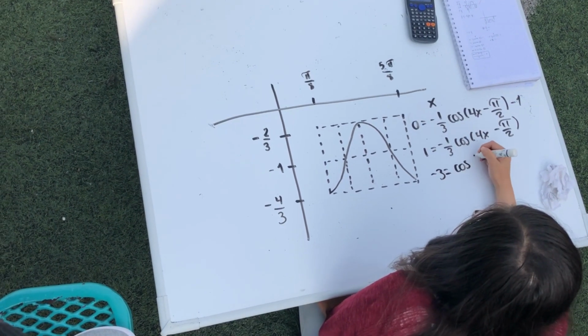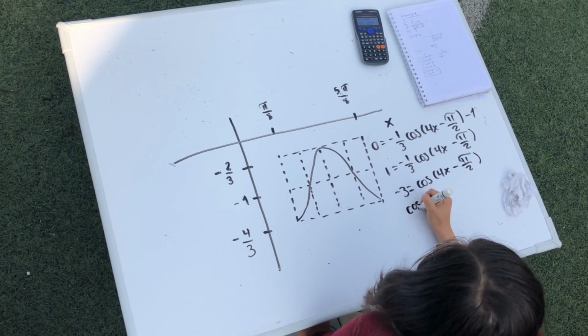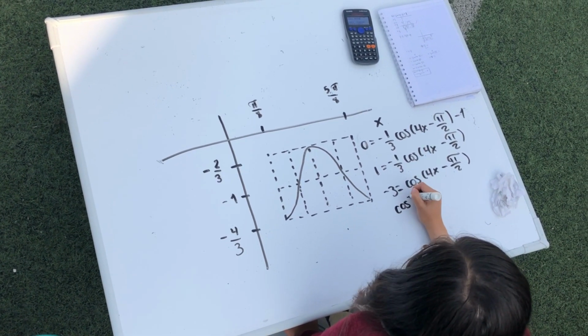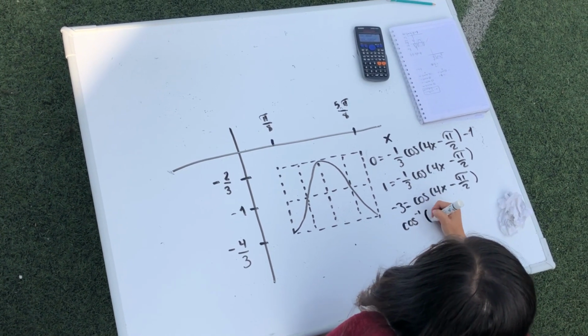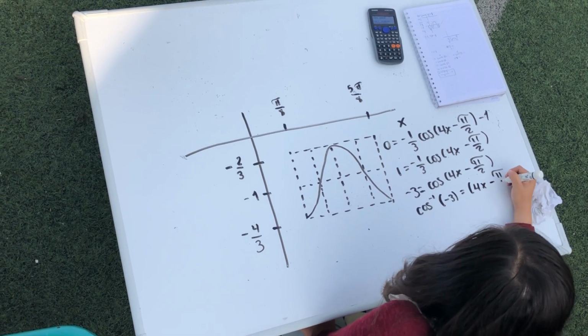So we do it like this until we have our cosine on the other side as an inverse cosine, in fact.